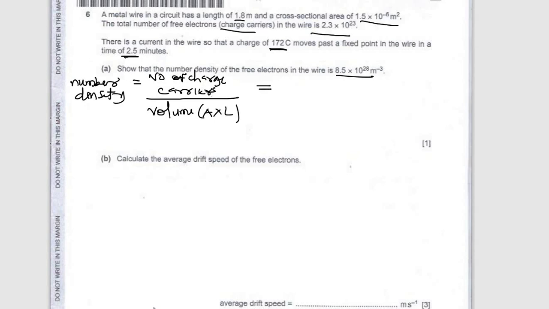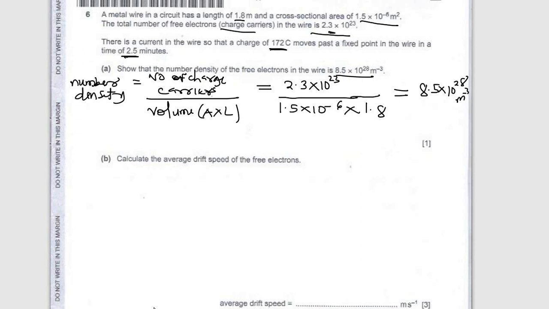So number of charge carriers, as you can see on the board, is 2.3 times 10 to the power 23. Volume is area times length. Area is 1.5 times 10 to the power minus 6. Length is 1.8. Do your math, use your calculator, it is going to give us 8.5 times 10 to the power 28 per meter cubed.